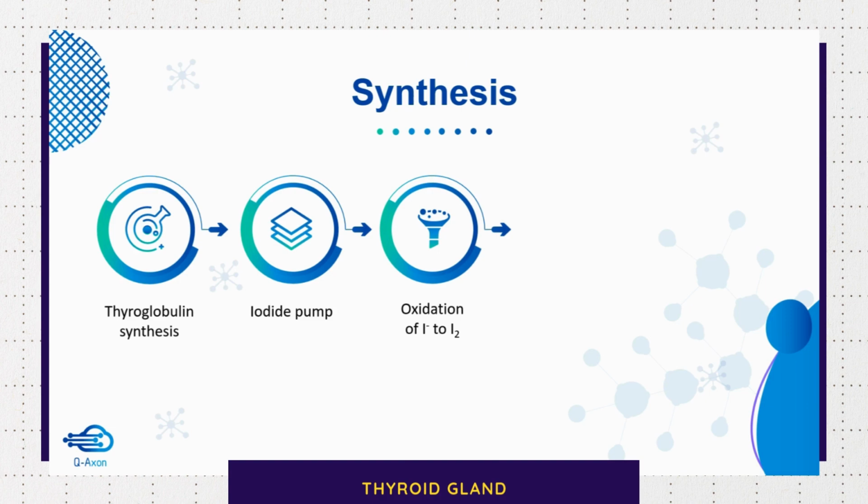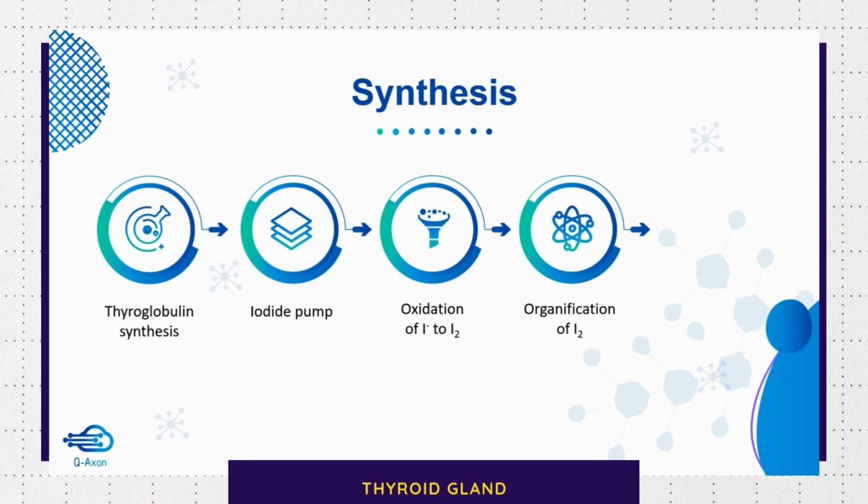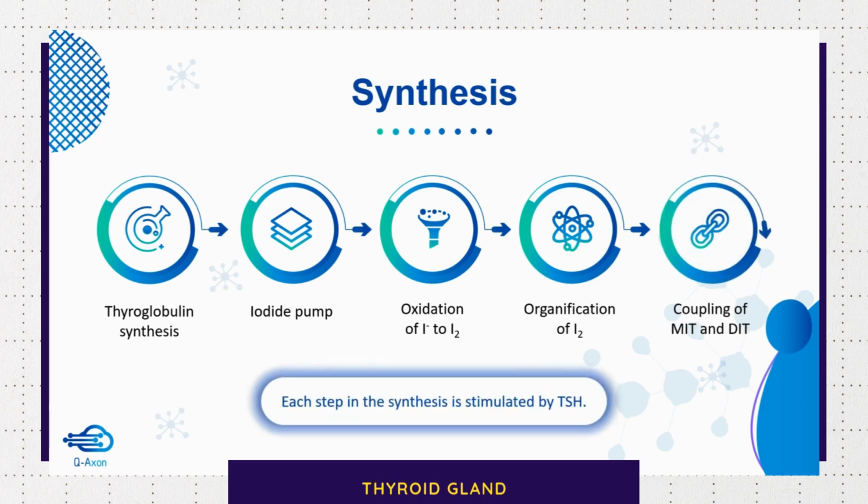Then the iodide is oxidized to iodine. The next step is the organification of iodine, which is followed by the coupling reaction. This coupling reaction results in the formation of monoiodotyrosine and diiodotyrosine. Remember that each step in the synthesis is stimulated by thyroid stimulating hormone, which is secreted from the anterior pituitary gland.